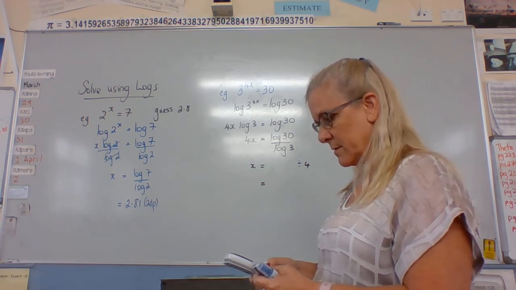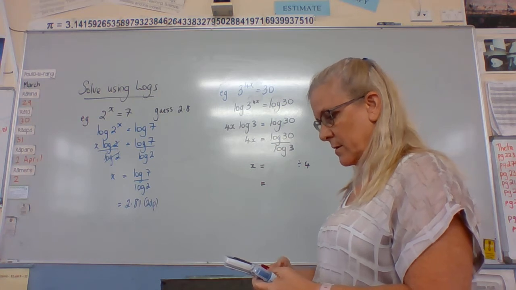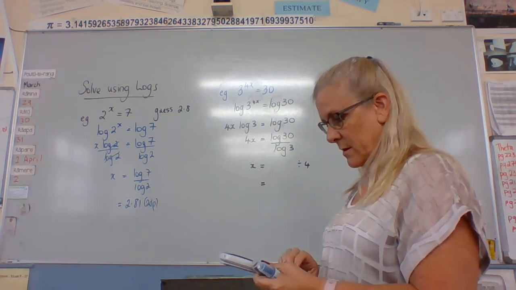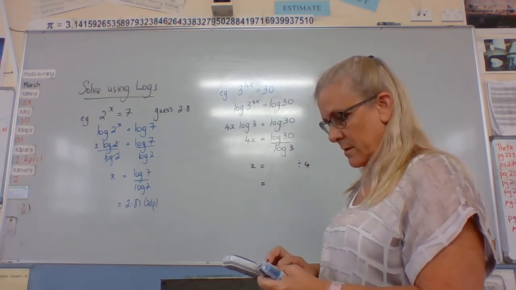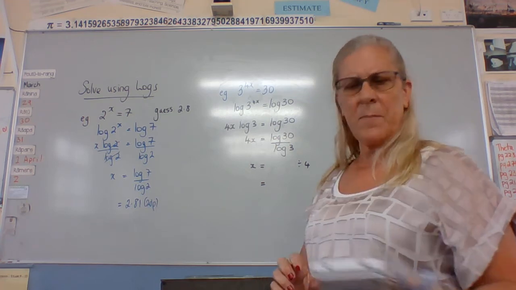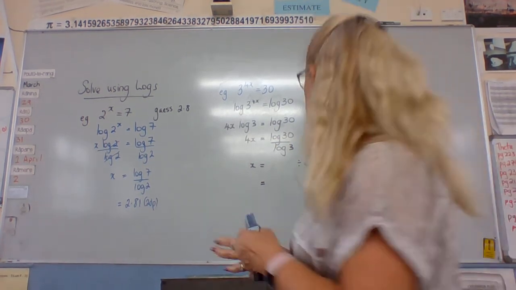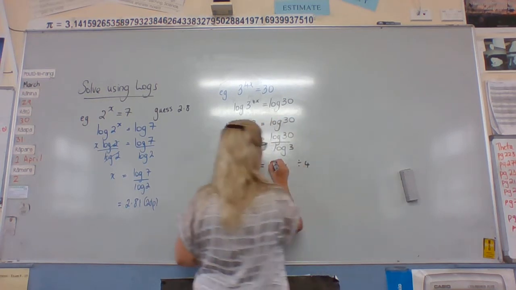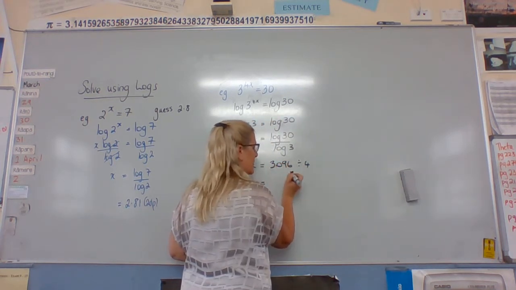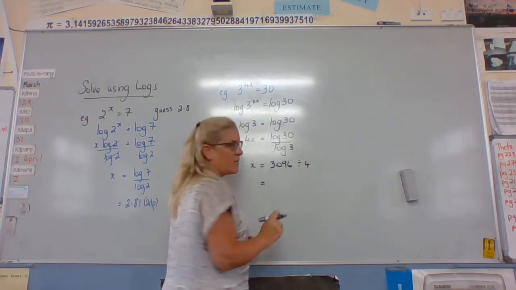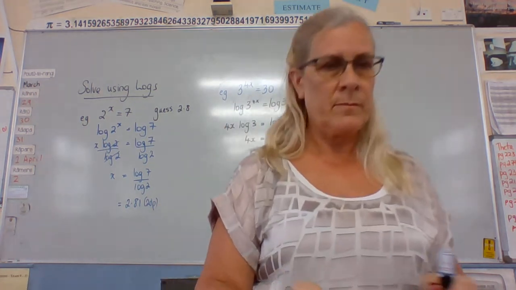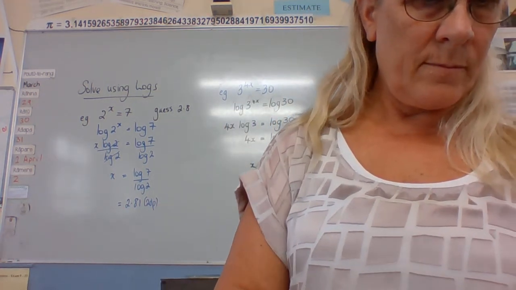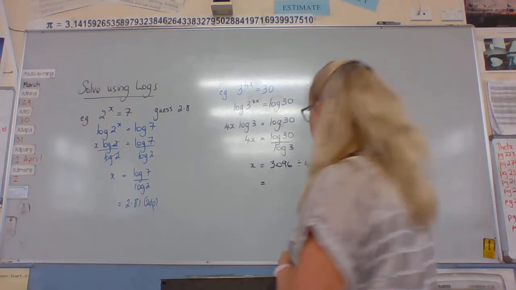Right. 3.096, I'm going to go with 3.096 divided by 4, 0.774.